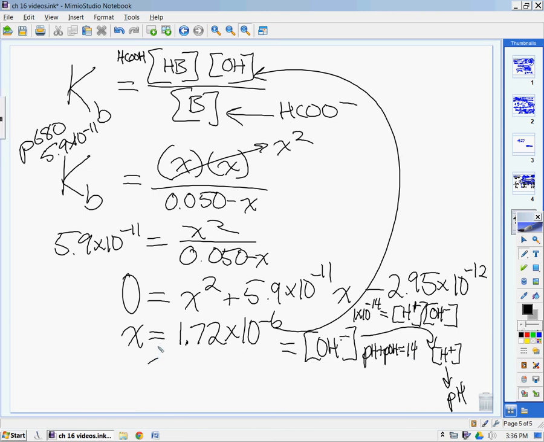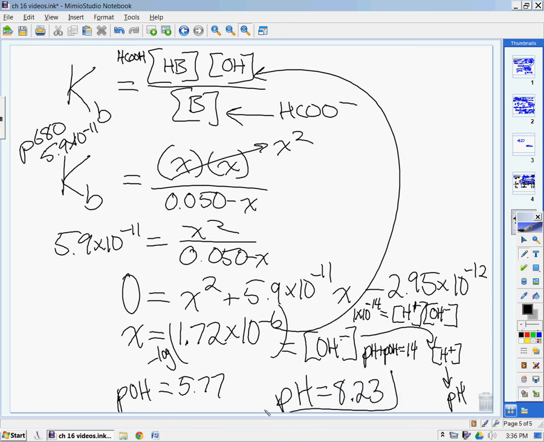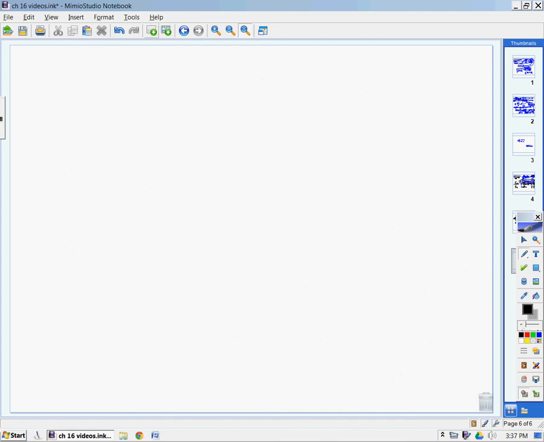So negative log of that is equal to pOH, and so therefore the pOH is, I got 5.77, and so therefore subtract it from 14, you get the pH, and so the pH is 8.23, and that's the pH.